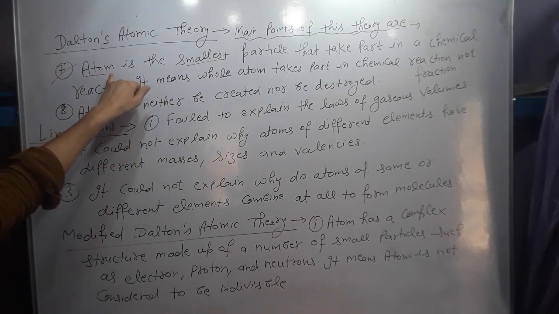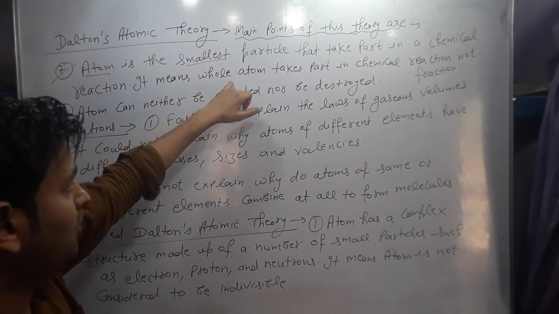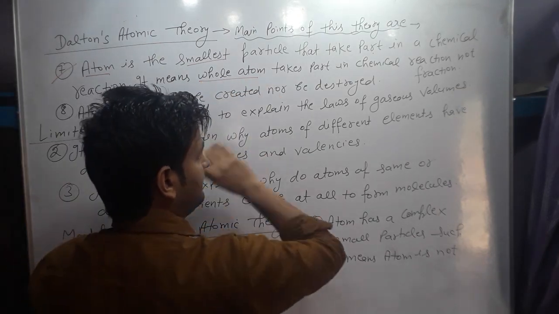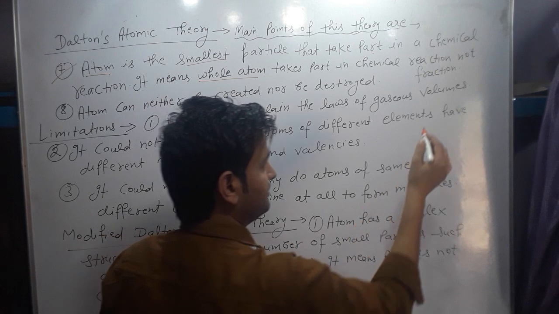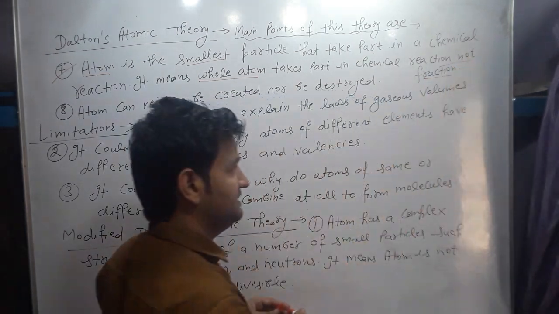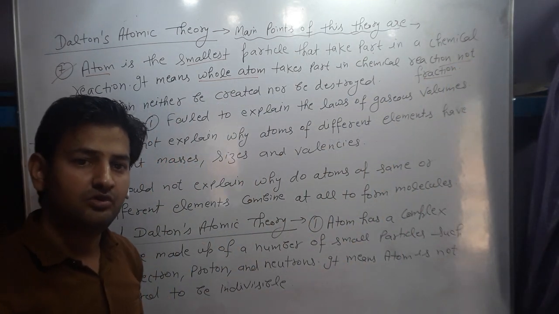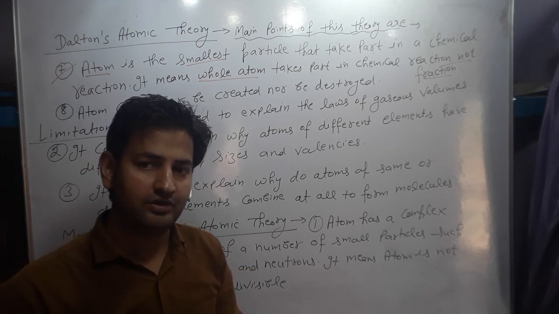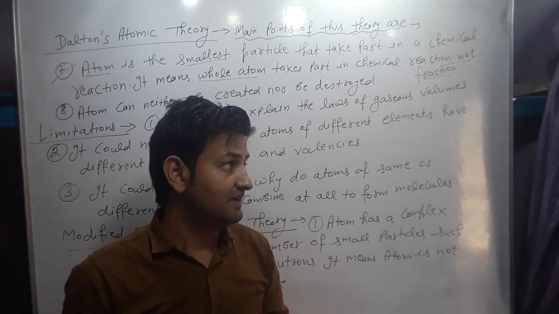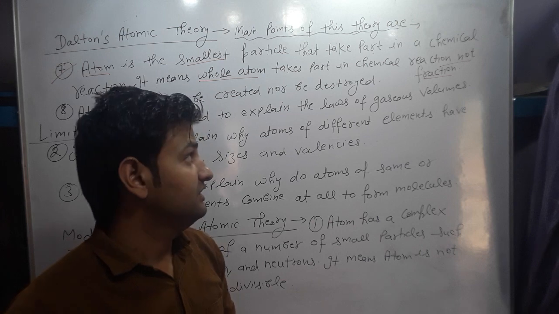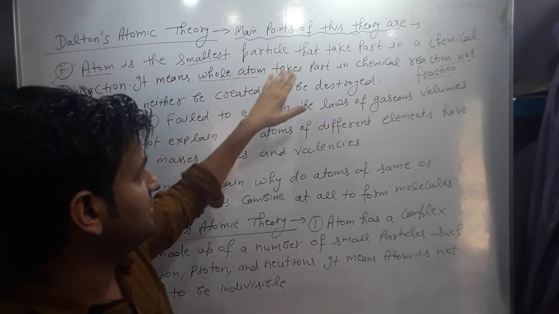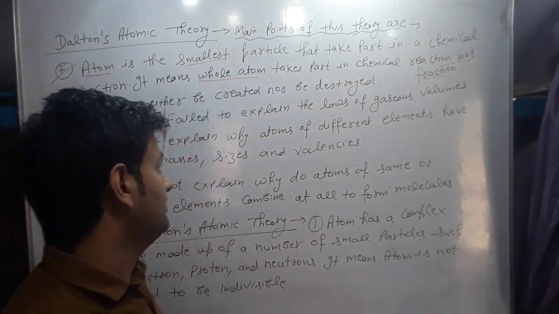It means the whole atom, the complete atom, takes part in the chemical reaction, not fractions. For example, in H2O, 2 atoms of hydrogen take part completely in the reaction with 1 atom of oxygen, and they form the compound atom that is called a molecule.